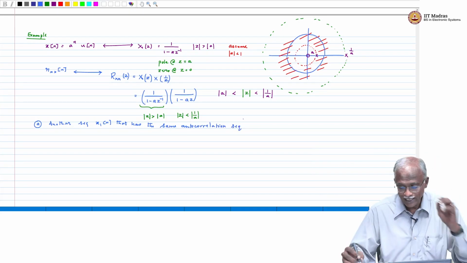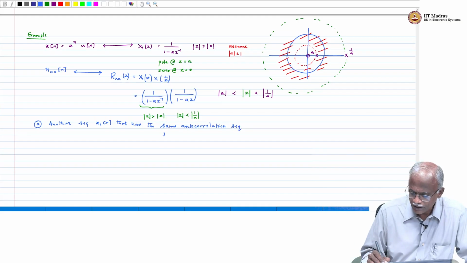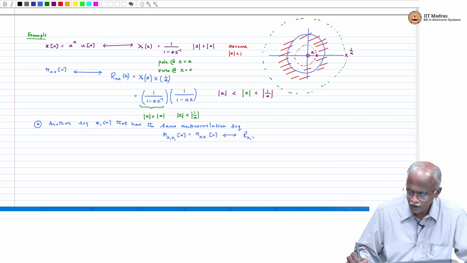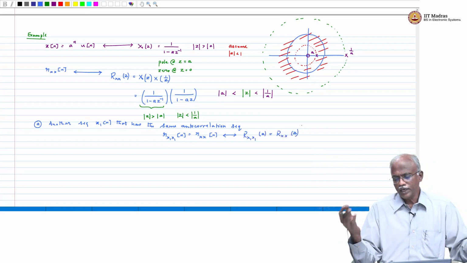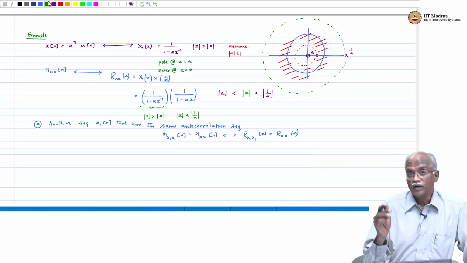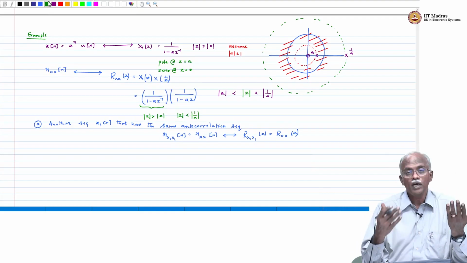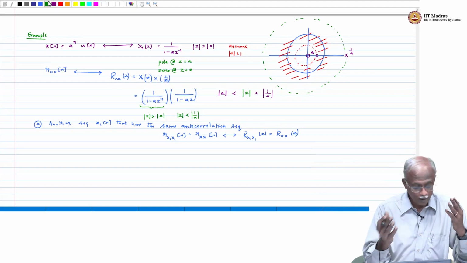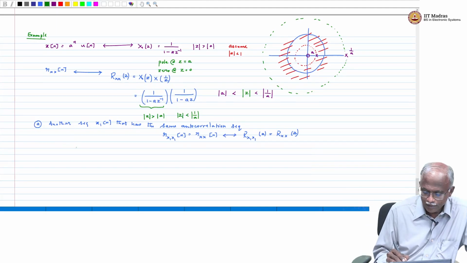That means R xx of n has to be the same, such that R x1x1 of n equals R xx of n, and this also indicates that R x1x1 of z must be equal to R xx of z. Give me another sequence that has the same value. One of the interesting results from our properties is to look at a time shifted sequence, x1 of n equal to x of n minus n naught.